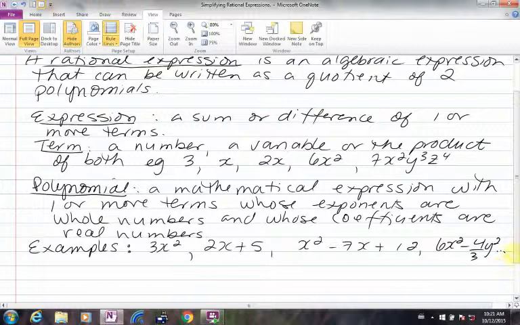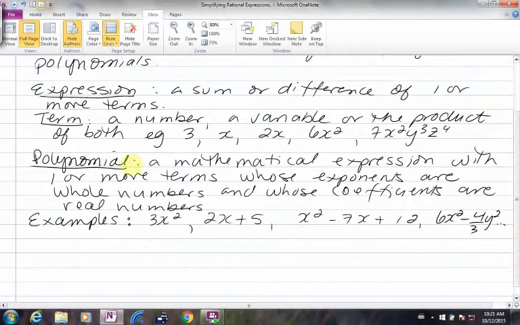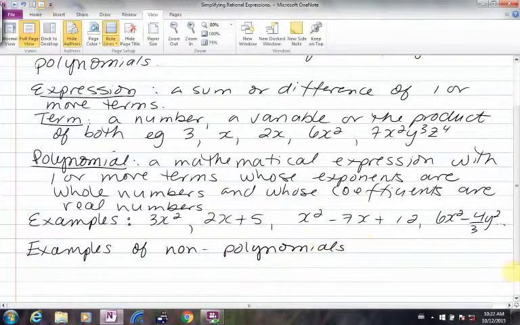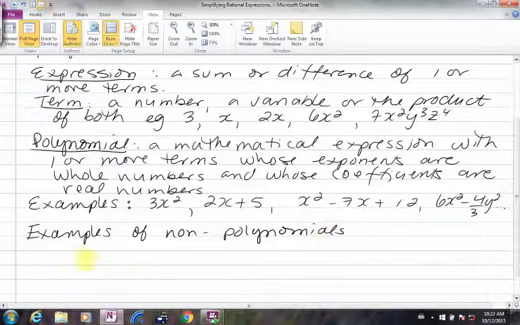Okay? So by restricting the exponents to be whole numbers, examples of non-polynomials would be something like, the square root of x plus 5.